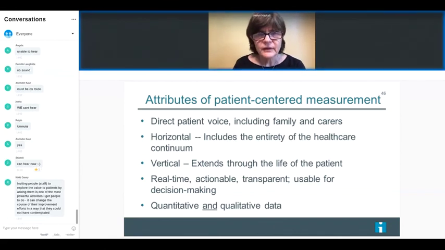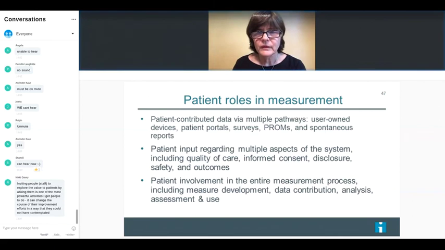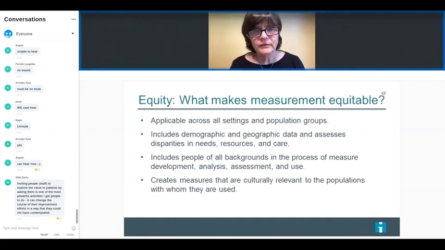Narrative data, I have found in years of working on patient reporting, is really essential for capturing both the arc and the granularity of a patient's experience in ways that other methods just can't do. So patient contributions can be both comprehensive and wide-ranging, via multiple pathways, about multiple aspects of the system, and throughout the measurement process. Again, reporting on things, and thinking about things, that are not necessarily top of mind for caregivers.